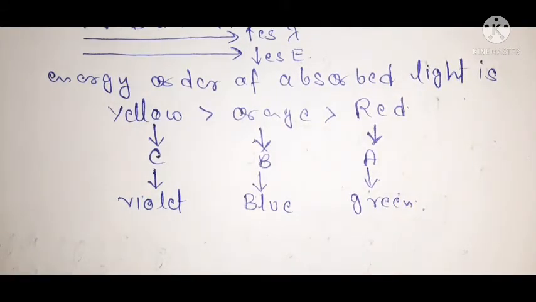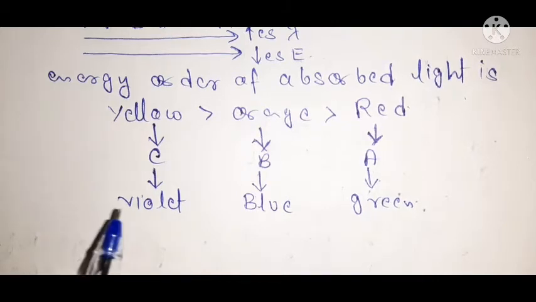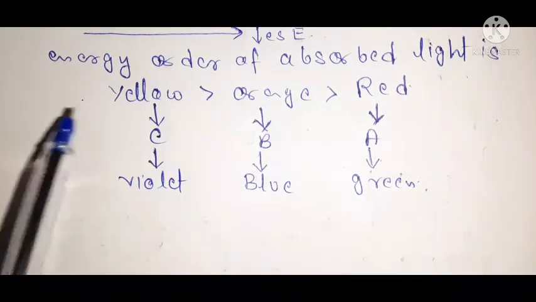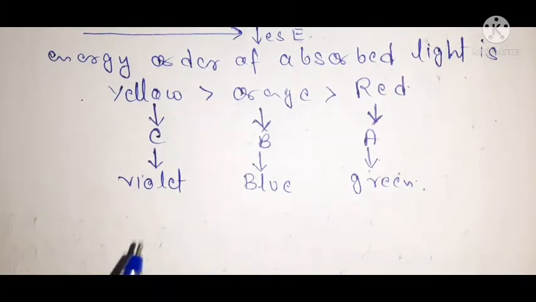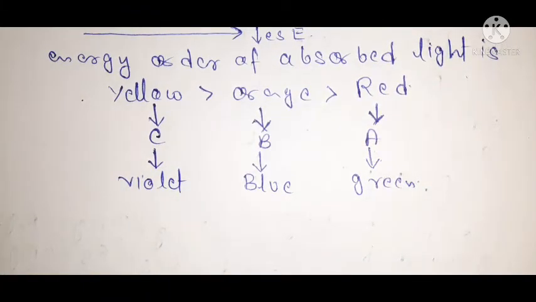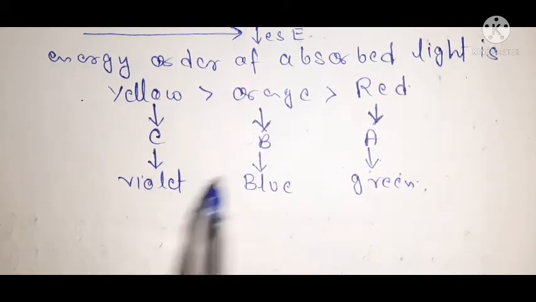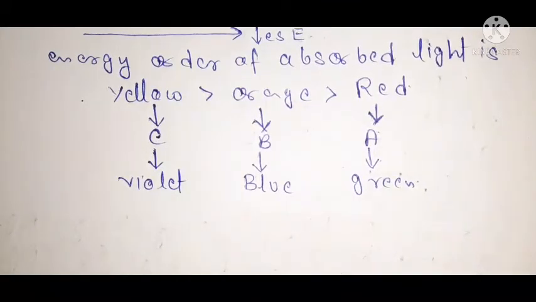Okay friends, now this is the color shown by the complexes which are given in your question, and these are the absorbed light by these complexes. So we can also match the pairs between the complex and the color. That means C can show violet color, B can show blue color, and A can show green color.